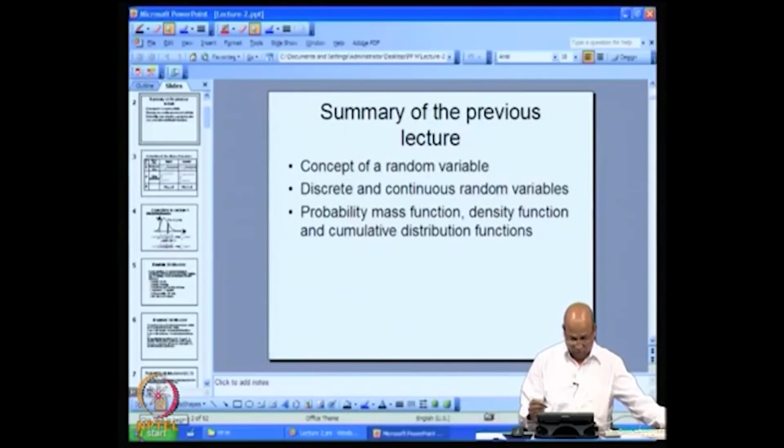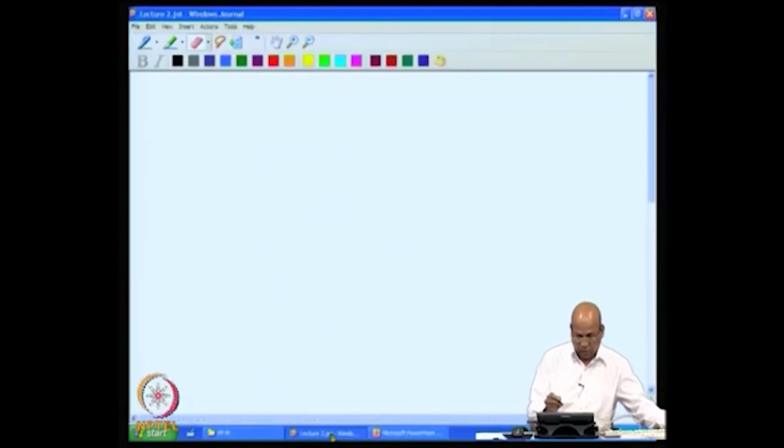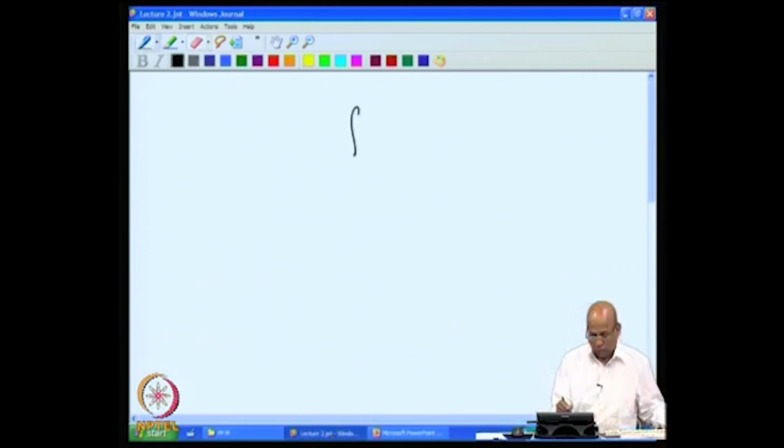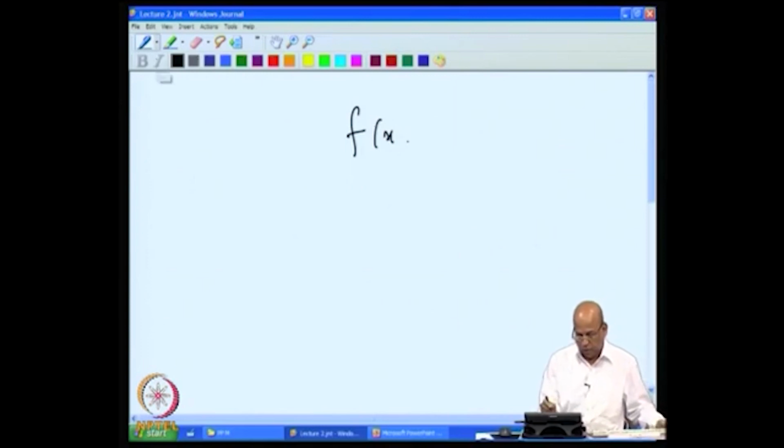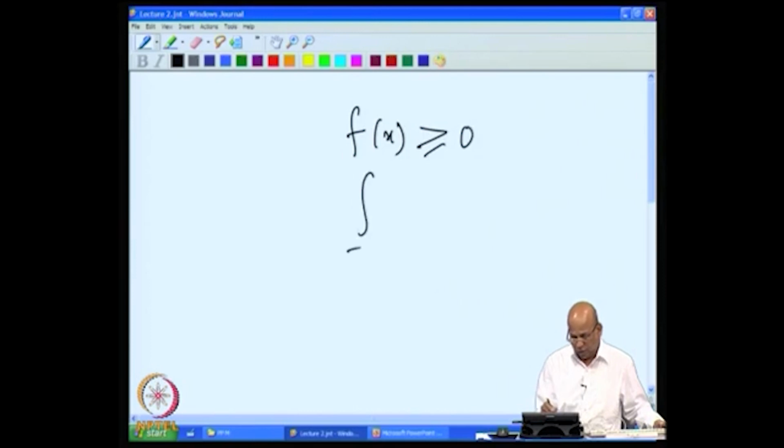You also recall that for the continuous random variable we say f of x is the density function, where f of x must be non-negative and the area under the curve, the integral from minus infinity to plus infinity of f of x with respect to x, must be equal to 1.